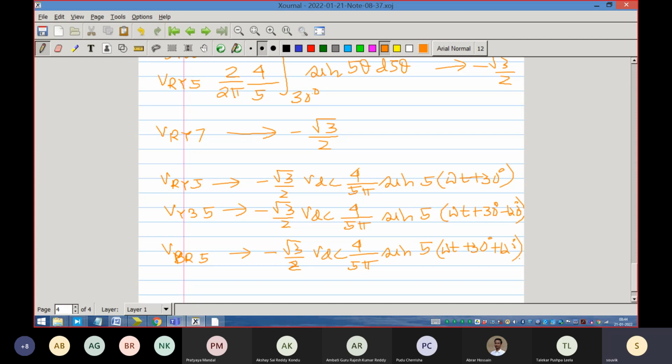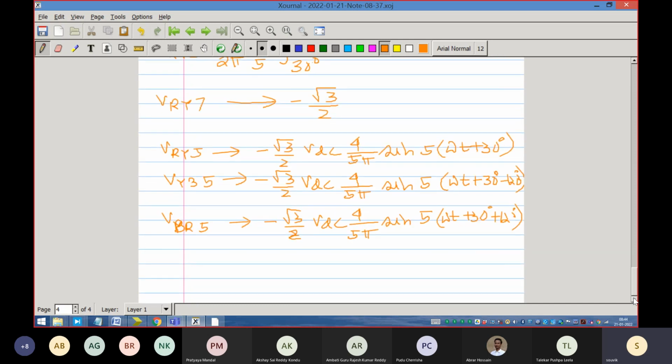So if you see these things, it also shows that if you break it in this way, the phase sequence is changed. The phase sequence of this is now R, B, Y. That is the phase sequence you will get in this case.